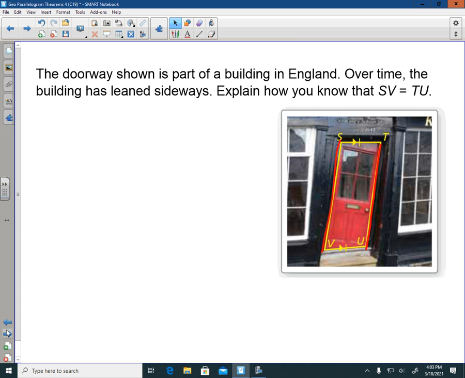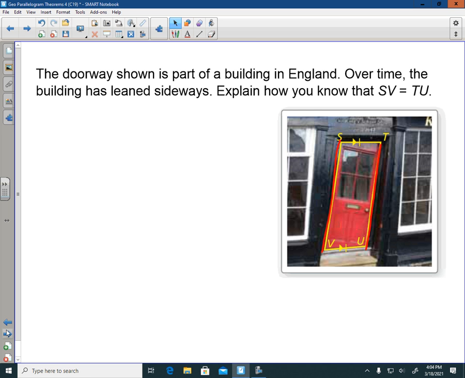In order for SV to be equal to TU, the opposite sides of that quadrilateral would need to be congruent. In order for those opposite sides to be congruent, it would be very handy if that quadrilateral STUV was a parallelogram.